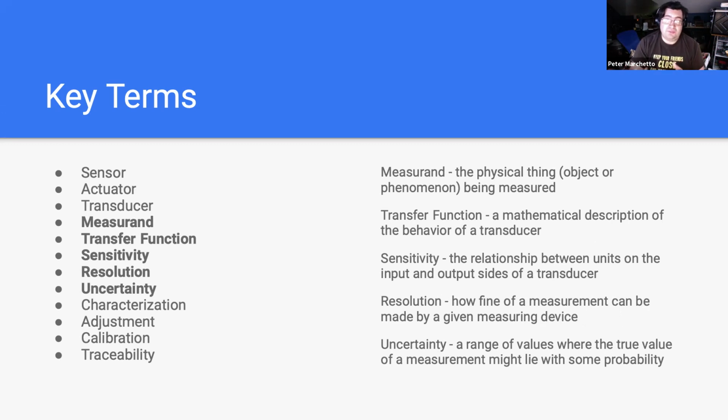So for example, if I have a thermometer and it only goes down to 0.1 degrees C, then 0.1 degrees C is my resolution. Uncertainty then is a range of values where the true value of a measurement might lie with some probability. On that same thermometer, if I have a resolution of 0.1 degrees C, usually my actual uncertainty will be plus or minus let's say 0.2 or 0.3. So the real measurement could be anywhere within that value of what we're seeing on the display.